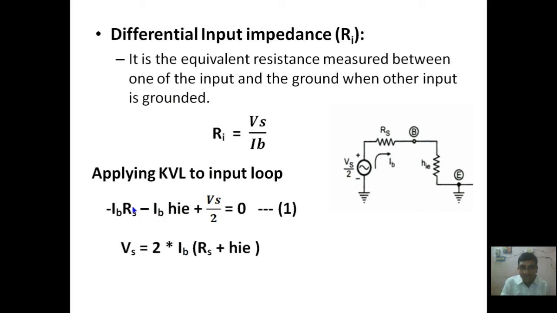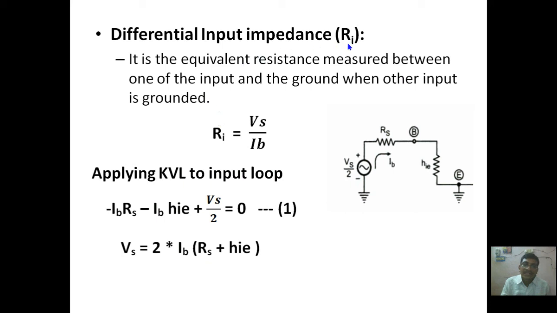So which will go to the right hand side section, and then this Vs by 2 in the left hand side, right? This denominator 2 will go to the right hand side and multiply the IB into RS plus hie, so that we can say Vs, the input signal voltage, is equal to 2 into IB into RS plus hie.